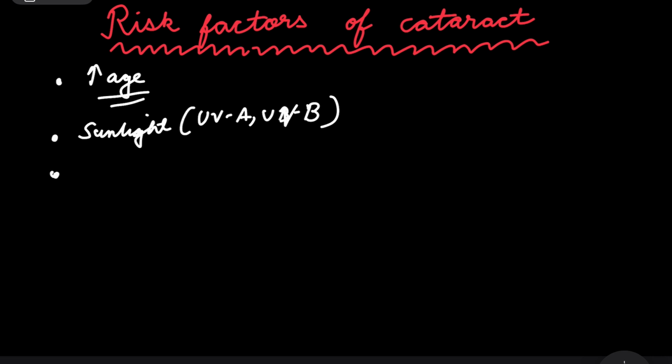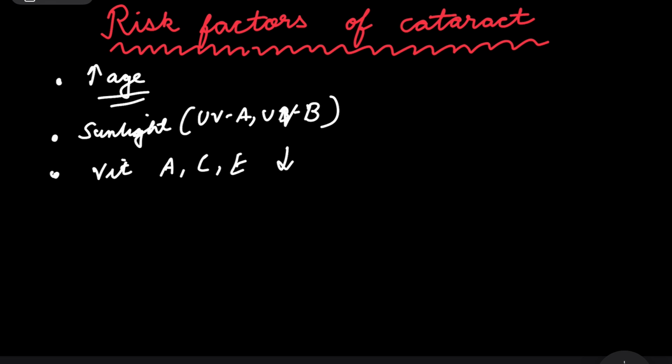Now, thirdly, it has been found that deficiency of vitamins A, C, and E leads to cataract. Now, this is important. I had mentioned in my previous video that lens is a low oxygen medium, and for this low oxygen content to be present, there are different antioxidant mechanisms present in the lens.